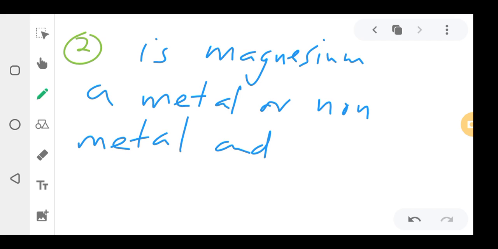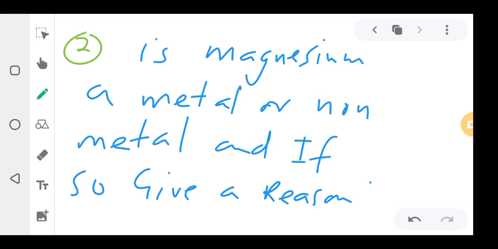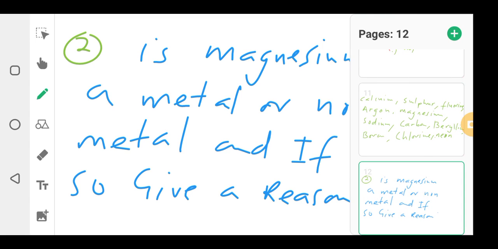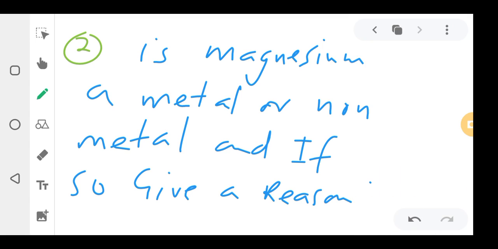And if so, give a reason. So the question is, is magnesium a metal? If you say magnesium is a metal, then you give a reason why it's a metal. Okay? So how do you answer such a question?